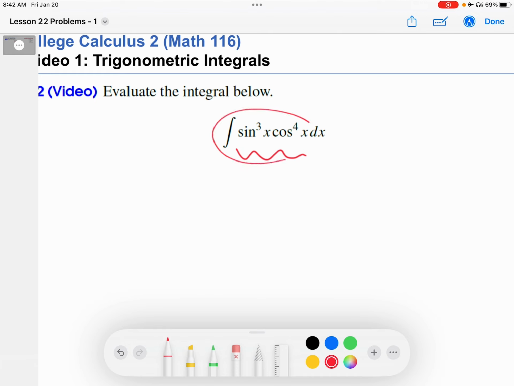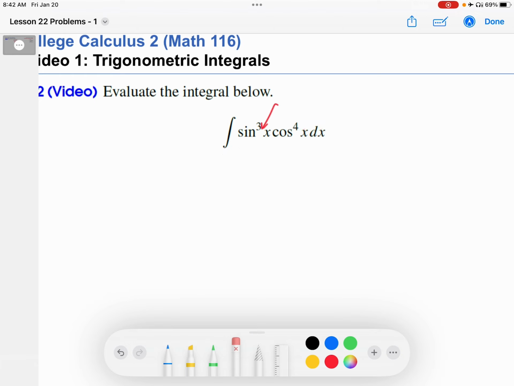One of them is the case we're in now, right? I'm talking specifically about when the integrand is a product of powers of sine and cosine with the same argument. This is x here, this is x. It's not like this is sine cubed of 4x and cosine to the 7th of 9x. When they have different arguments, that's a different part of the guidelines, which is also in the notes.